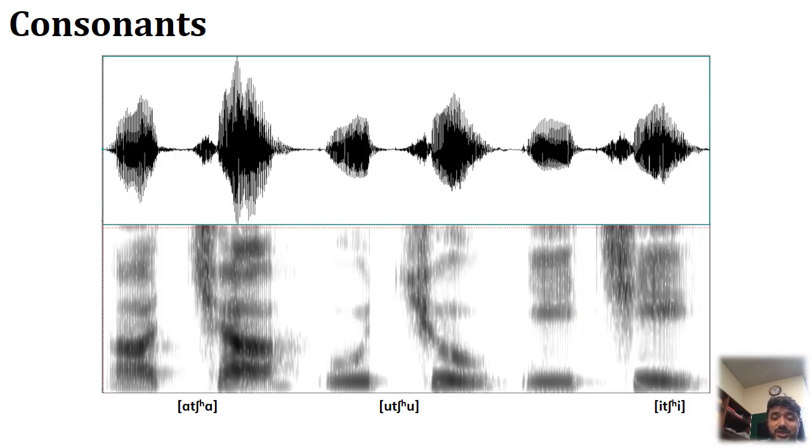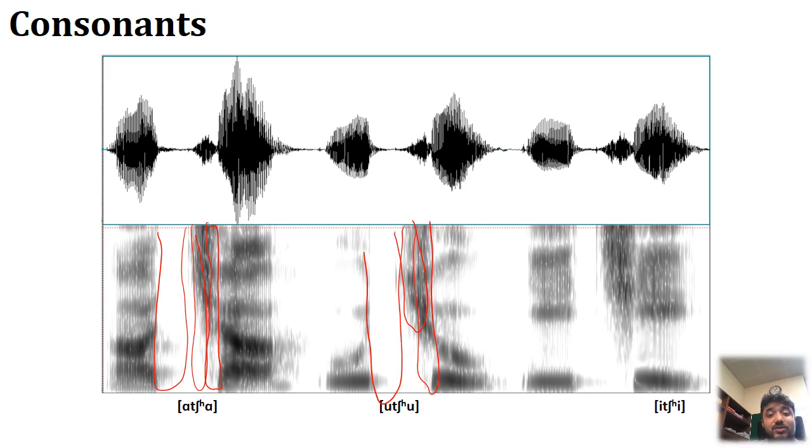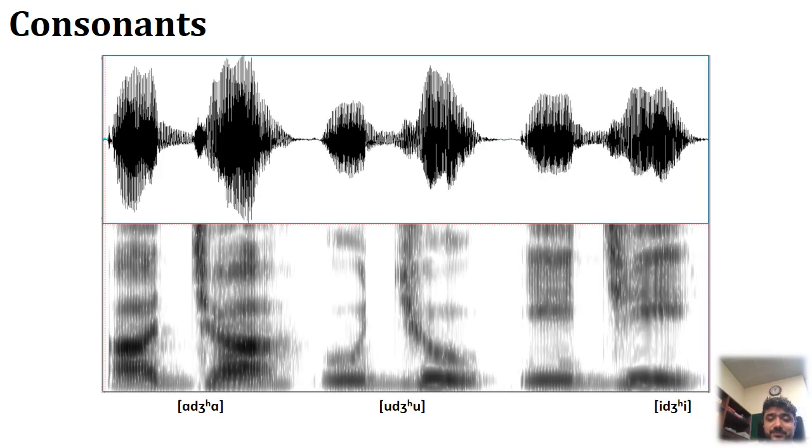You have acha, uchu, ichi, again making it a little bit more complicated. So you have a ta, you have a sha, and then you have this noise. Again, not everything is very visible here, but you can see that once you know what sound was uttered, you can figure out what parts of the spectrogram have it, and you can do some of this reverse engineering as well. All right, this is the ja, uju, iji.